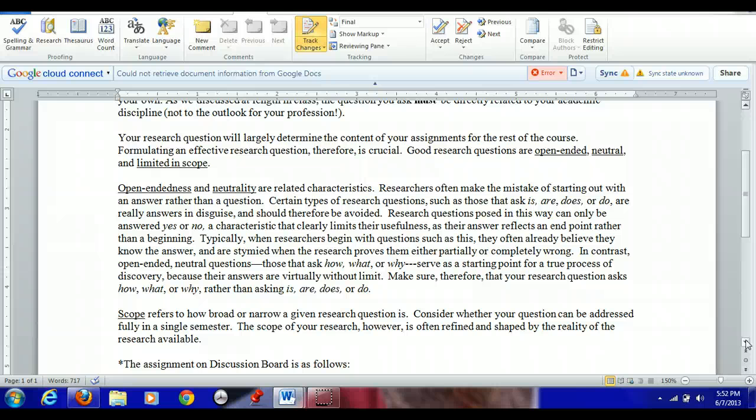Because if you go into this research project with your mind already made up, with what you already want to find, you're going to have a difficult time. Why? I guarantee you that the research will not show you what you expect. It will be at least somewhat different. It will almost certainly be more complex than you initially think.